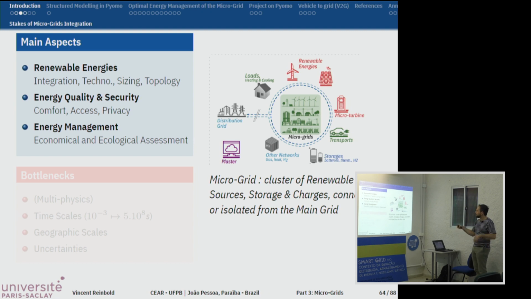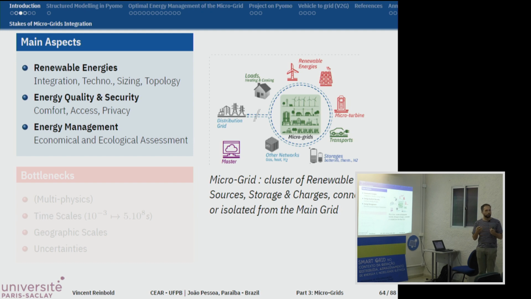And this master, this intelligence, can manage economical aspects, but also ecological aspects, environmental aspects, etc. Okay, we can integrate a lot of different aspects in our management of the microgrid.